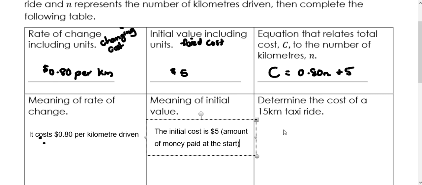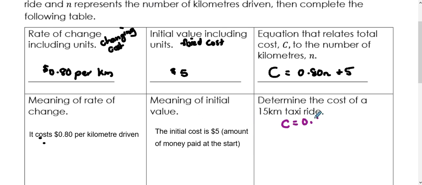All right. And now I can just use my equation to answer my question. I have C equals 0.80 times my 15. So I substitute N equals 15 into my equation. All right. And then I can evaluate that. So if I went 15 kilometers, it would cost me $12 for the 15 plus the additional $5 for the fixed.